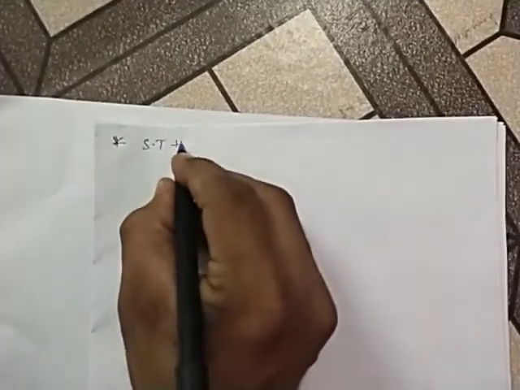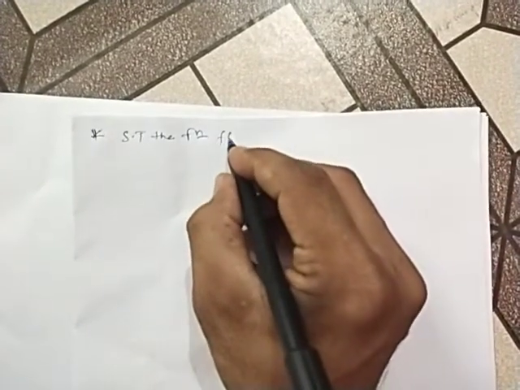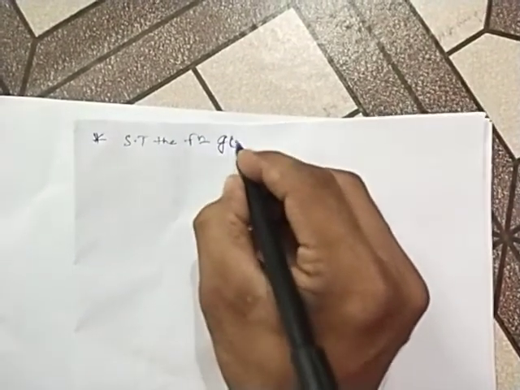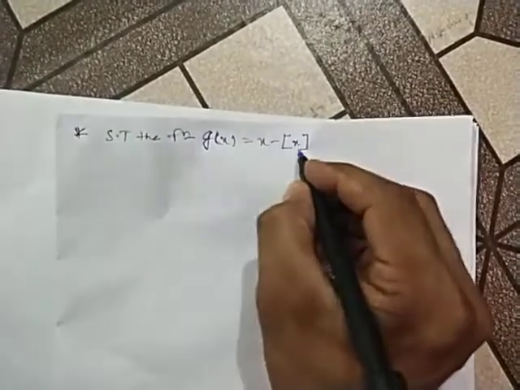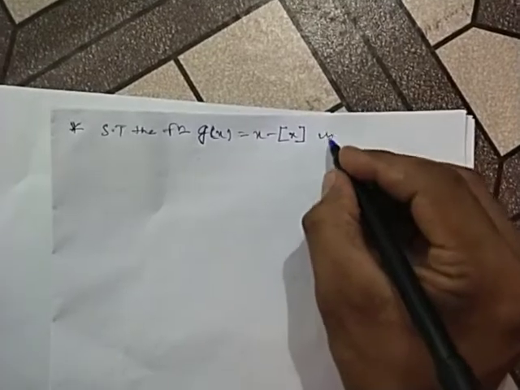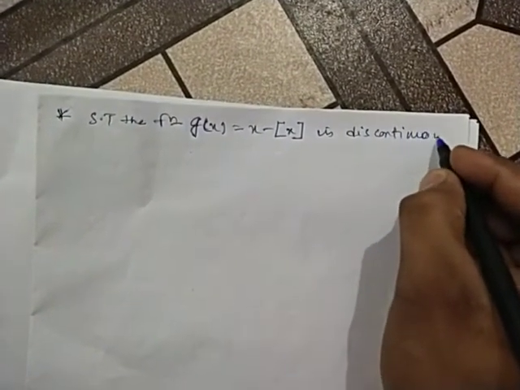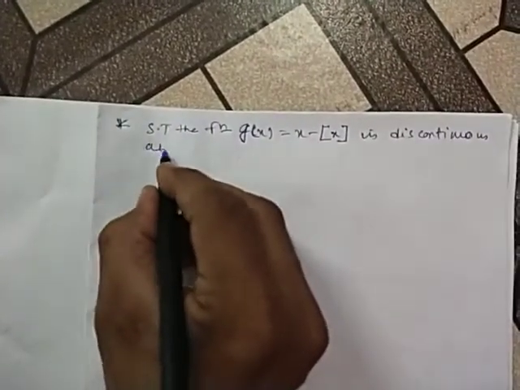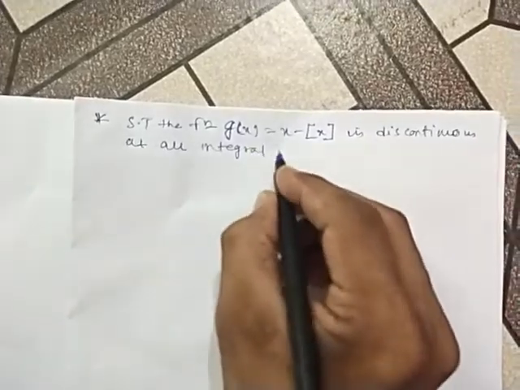Show that the function g(x) equal x minus greatest integral value of x is discontinuous at all integral points.